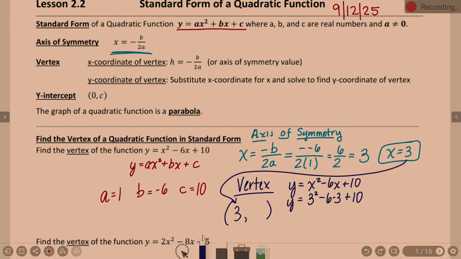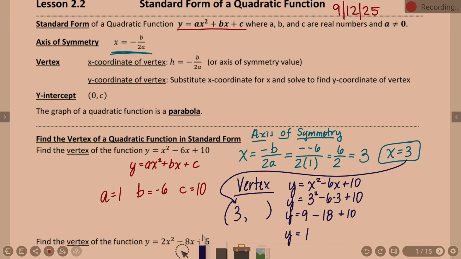Okay? Do those exponents and that multiplying before we add or subtract. 3 squared is 9, minus 6 times 3 is 18, plus 10. 9 minus 18 plus 10. 9 minus 18 is negative 9, plus 10 is 1.